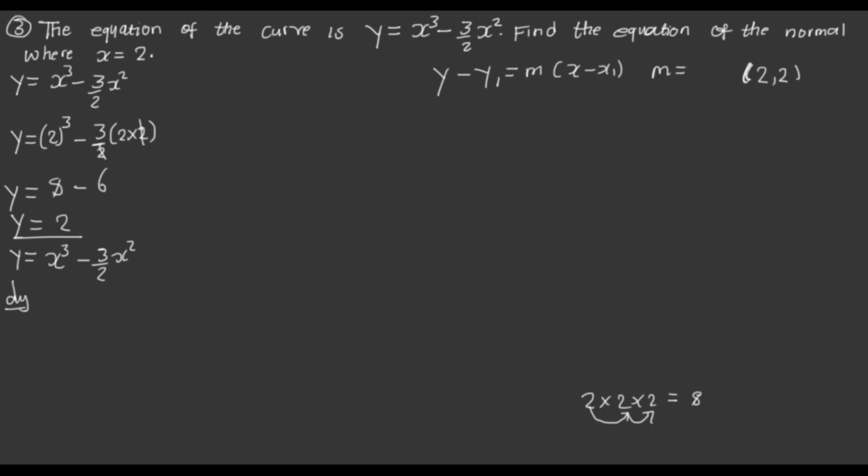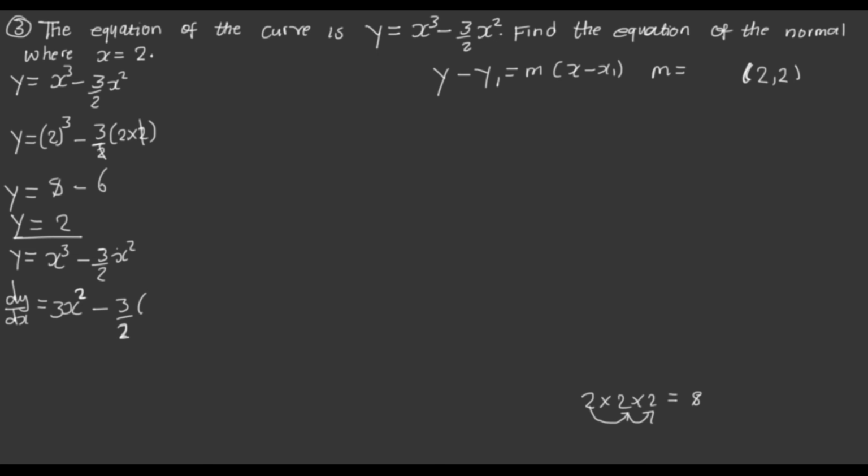So we can say dy over dx is equal to, we bring the exponent to the front, we get 3x raised to the power 2. We said as soon as the exponent is written down in front of x, the power is reduced by 1 unit, minus 3 over 2.